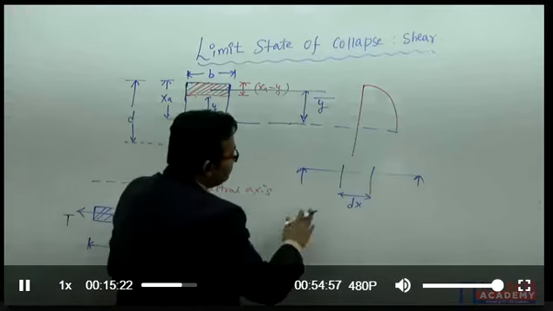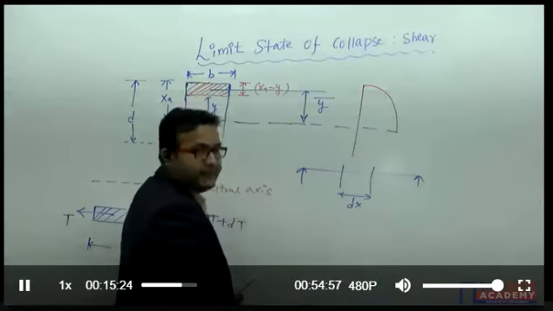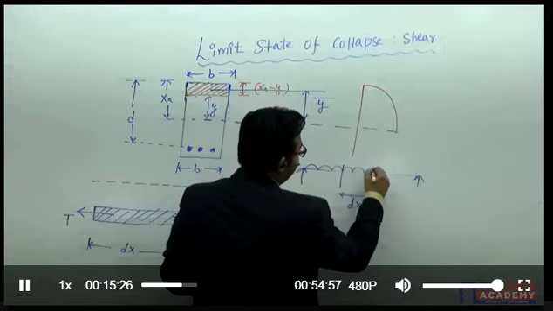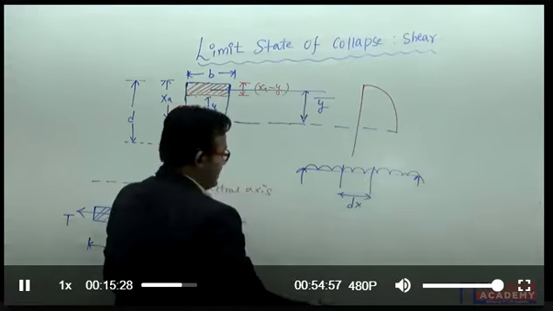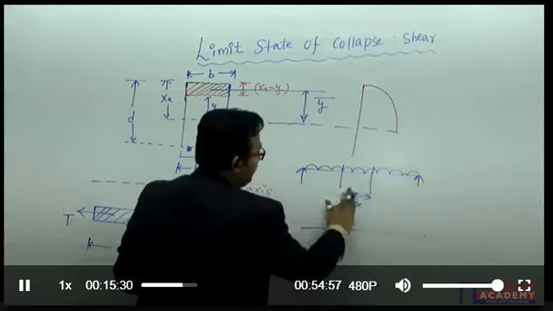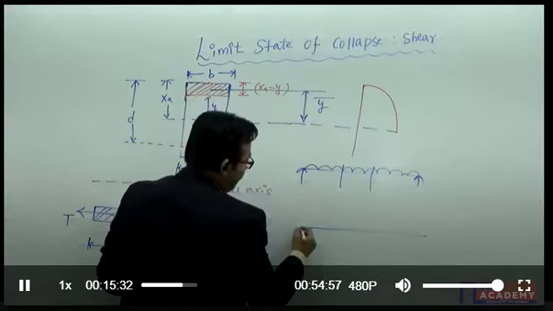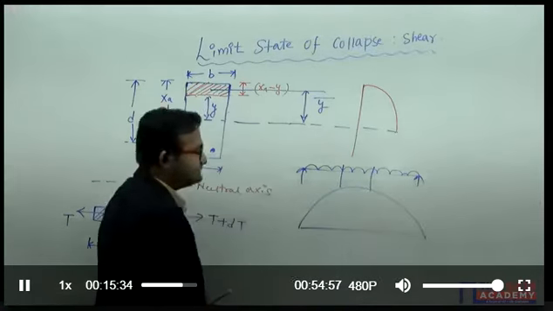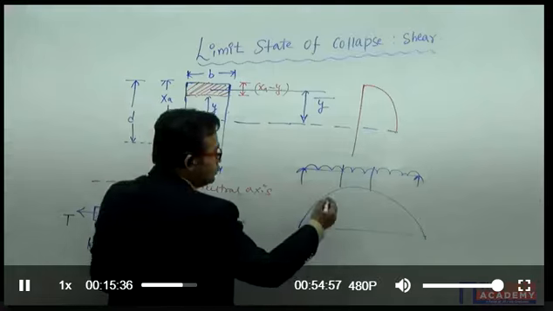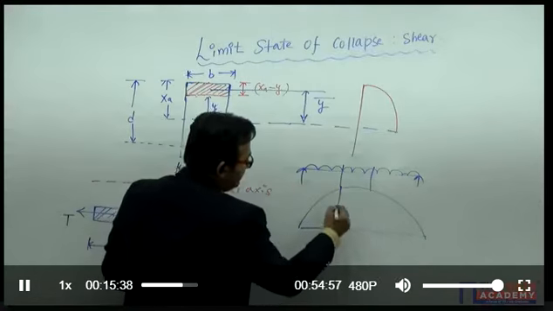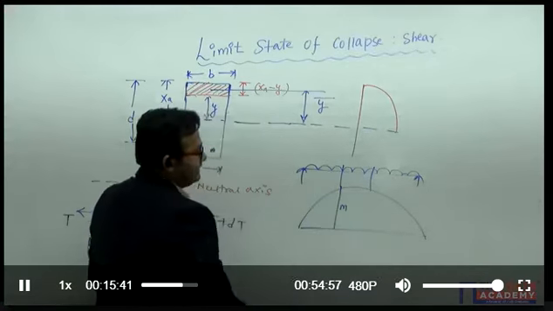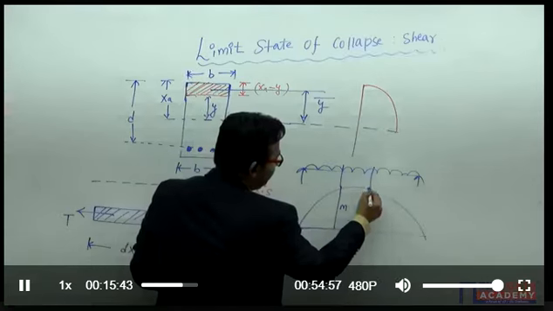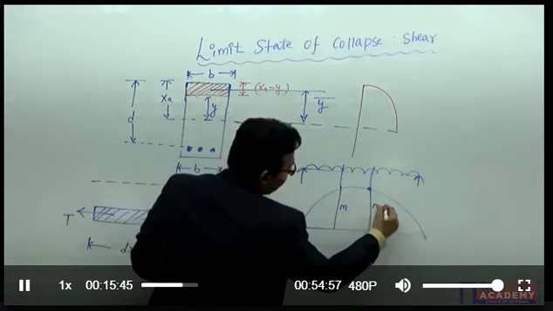How? See, this is your beam, and suppose the load is coming. Suppose this is your simply supported beam, the bending moment diagram will be something like this, right? So here, suppose the bending moment is M, and here definitely it will be greater, M plus dM.